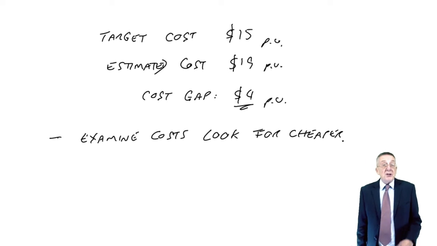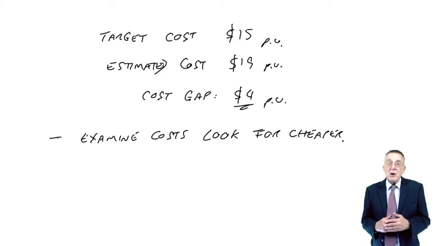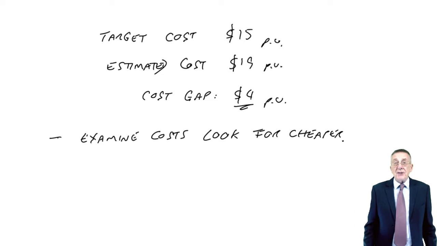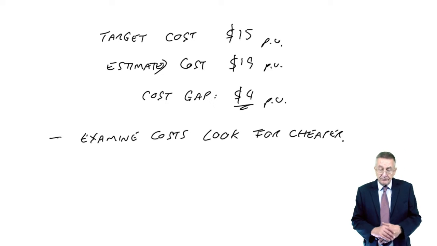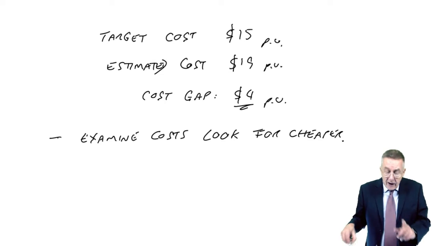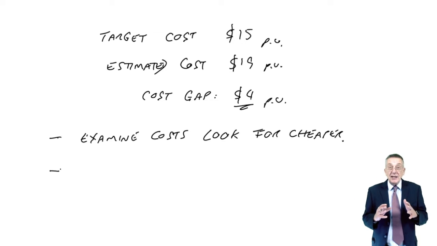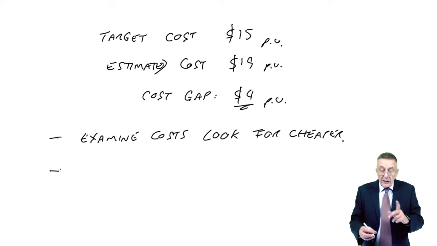Or can we get the workers to work faster? Because if they work faster, we won't need as many workers. Again, we'll save costs. So certainly, we'll investigate all the costs and see if there's any way of getting everything cheaper. However, far more important, and the real way in which target costing is used, is this.